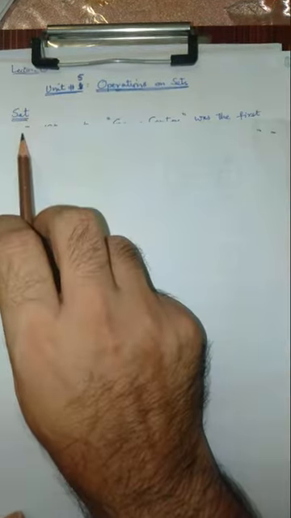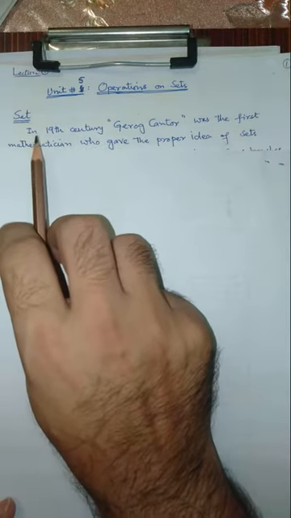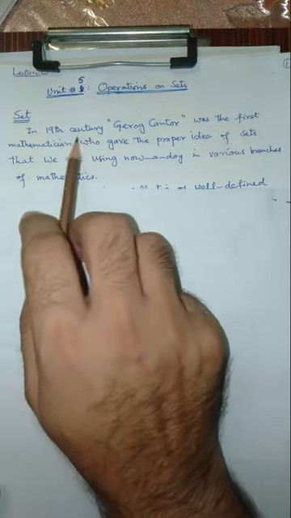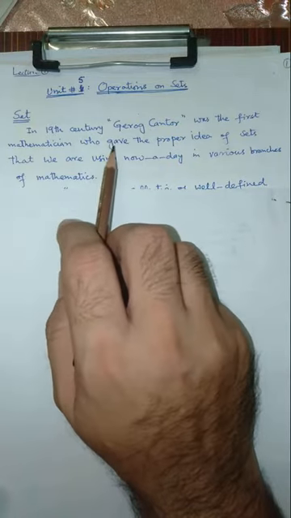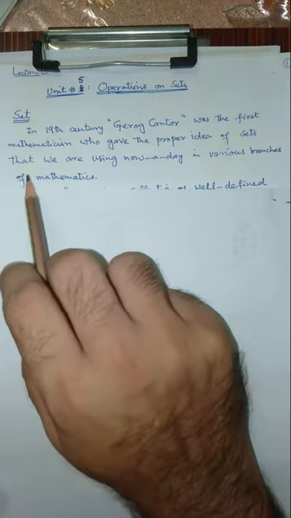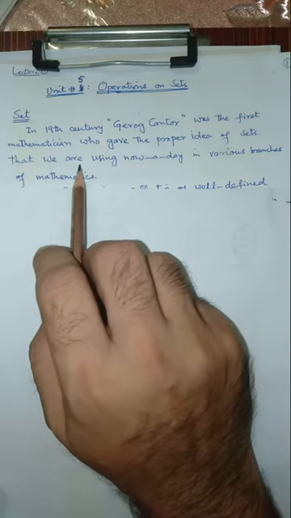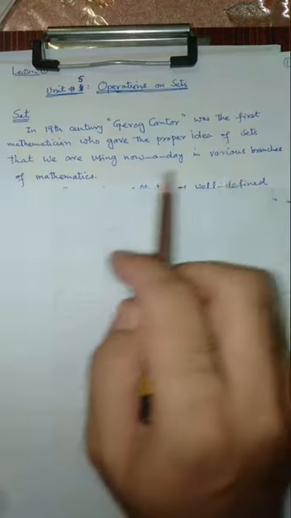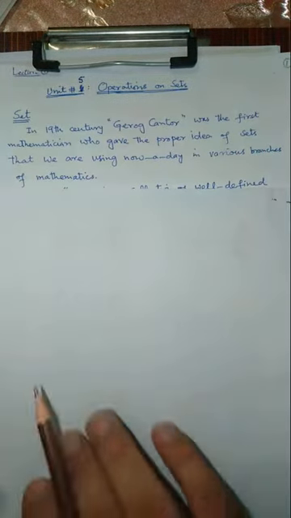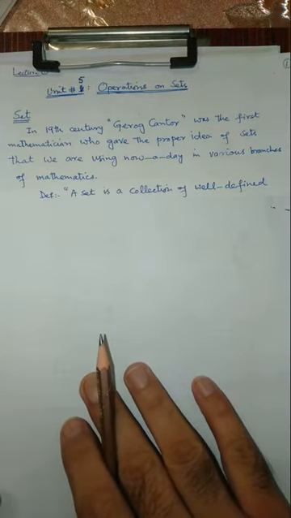We will define set. What is set? In the 19th century, George Cantor was the first mathematician who gave the proper idea of the sets that we are using nowadays in various branches of mathematics. Now, definition of the set.